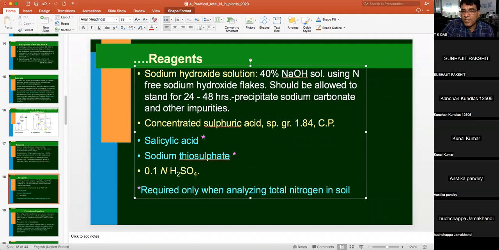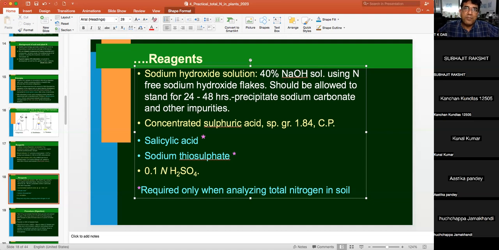You also need concentrated sulfuric acid, specific gravity 1.84. Salicylic acid is needed only when you are doing total nitrogen analysis in soil. Sodium thiosulfate, it is not sulfide. It was a slip of tongue. You can correct yourself. It is sodium thiosulfate. I'm sorry. Then 0.1 normal sulfuric acid. You know how to prepare it.